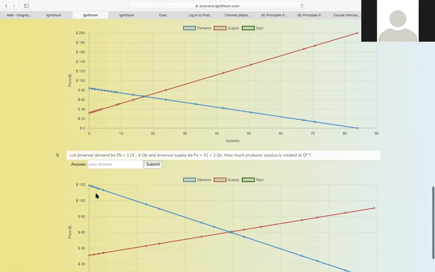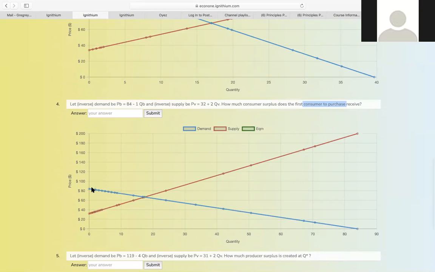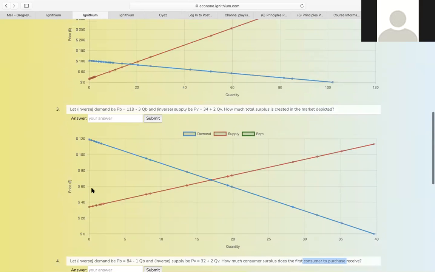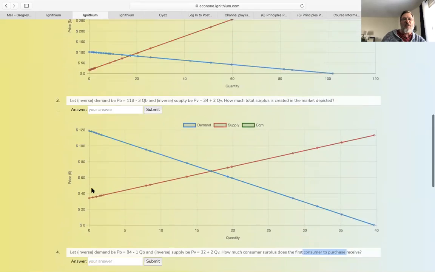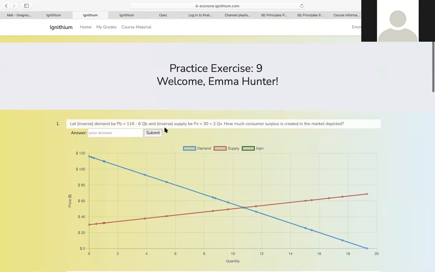Yeah. So for the total surplus, do you not really need that p-value? I mean, you just take the area of a triangle, really, right? Wait, which question are you talking about? Question number one? I don't know if there's one that particularly asks how much consumer surplus is created in the market.